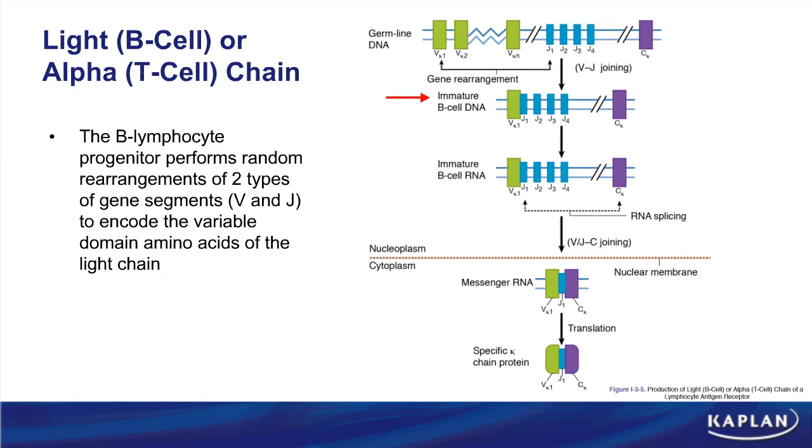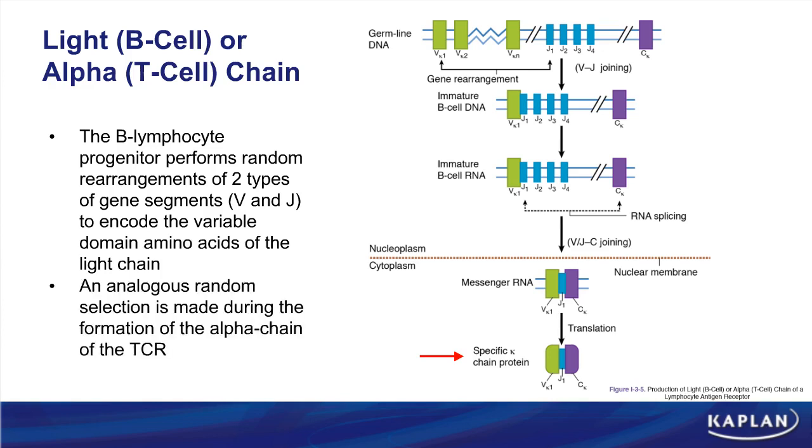We are going to make an RNA transcript that we will eventually dress up so that it becomes a messenger RNA, which will eventually be translated into a specific light chain protein. And recall that these will either be kappa light chains or lambda light chains, unlike what we saw on the heavy chain genes, where we will always first make a mu heavy chain followed by a delta heavy chain.